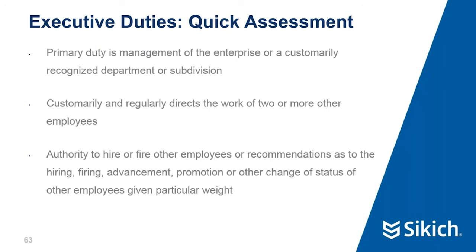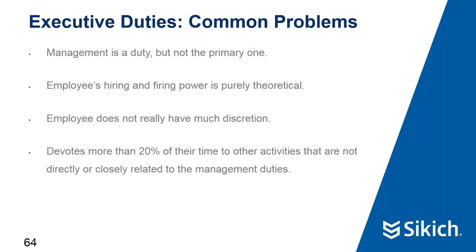They're authorized to hire or fire other employees, or their recommendations as to the hiring, firing, advancement, promotion, or other change of status of other employees are given particular weight. Okay? And so what are some of the common problems we see with that? Is that management is not their primary duty. Employee hiring and firing is purely theoretical.